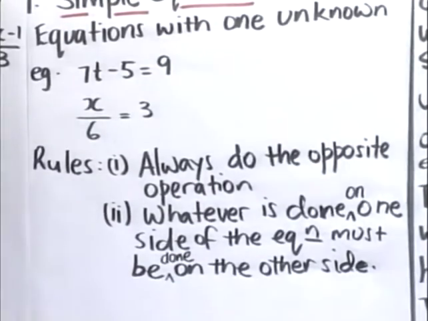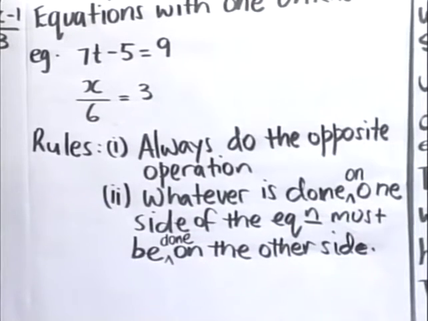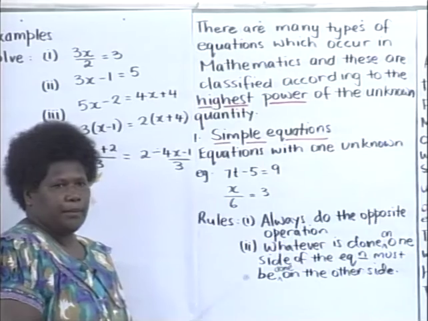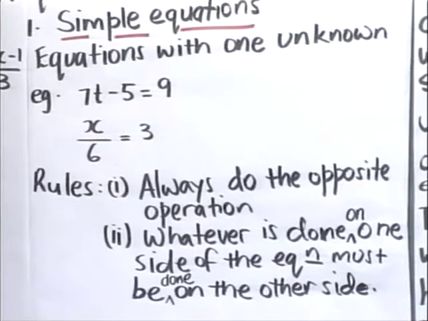To solve, there are 2 rules. You always do the opposite operation, which means if you've got a minus, then you have to add. If you've got division, you have to multiply. And the other rule is whatever is done on one side of the equation must also be done on the other side.